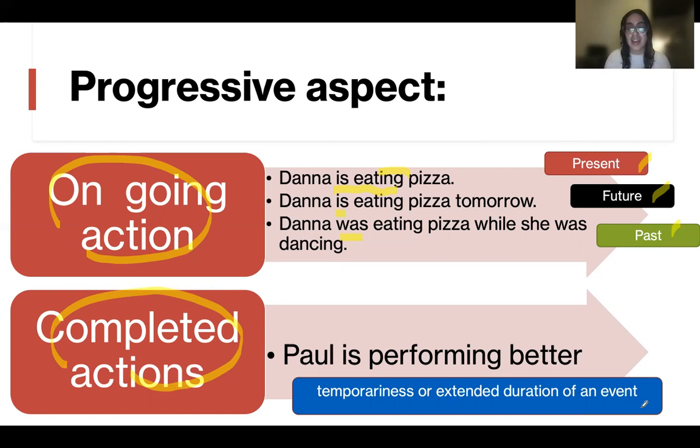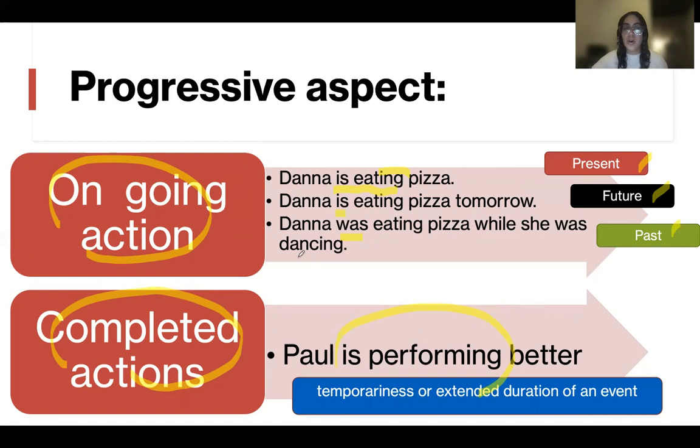So for that reason, for example, Paul is performing better. I am talking that Paul is not doing that action in that moment. I am talking that the form of the verb expresses that something is happening in a better way because that person has been doing that same activity for a determined time.